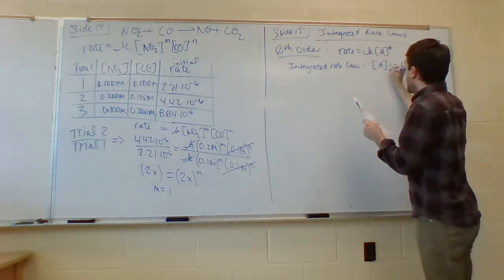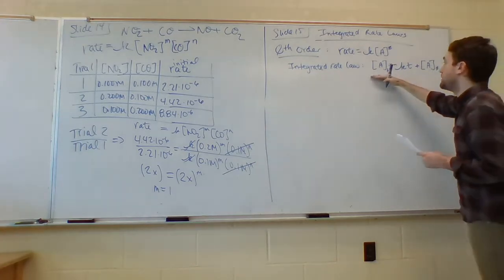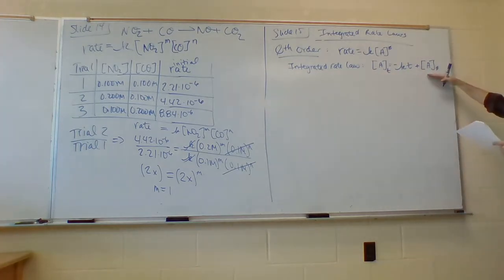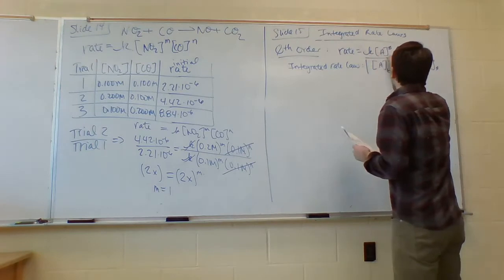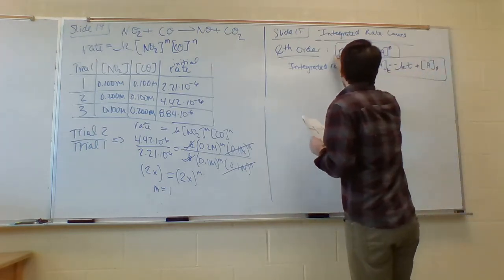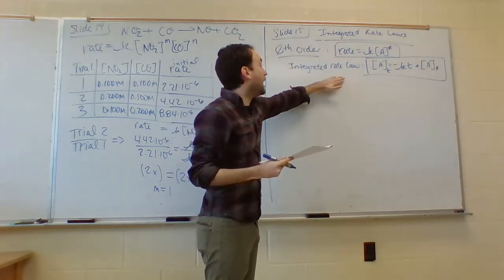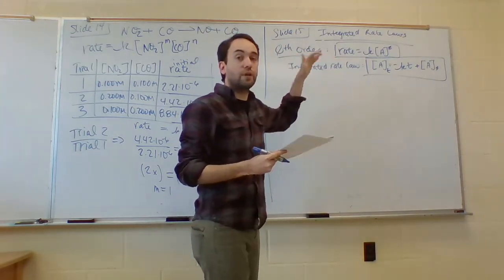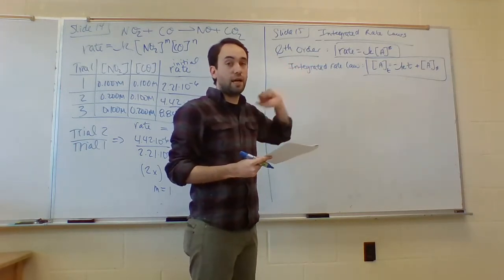So this is the A at time t. This is the A at time equal to 0. My concentration of the species at the final time, my concentration of A at the initial time. Now, I will expect you to have this memorized and this memorized. You need to have your differential rate law and your integrated rate law memorized for each of the first 3 orders. So 0, first, and second order.